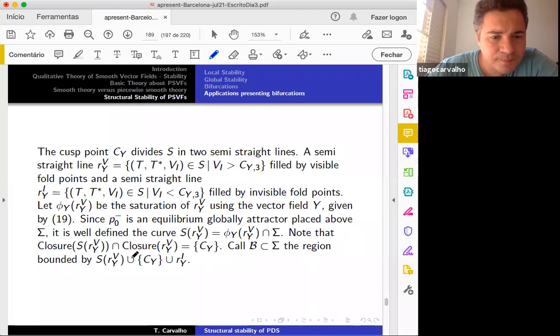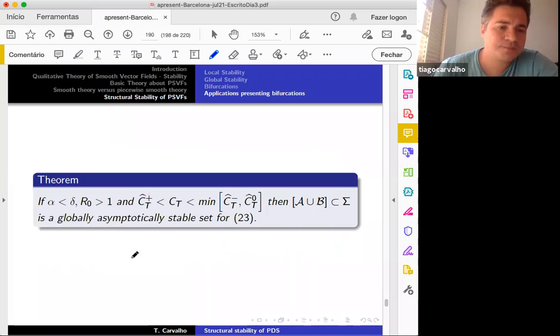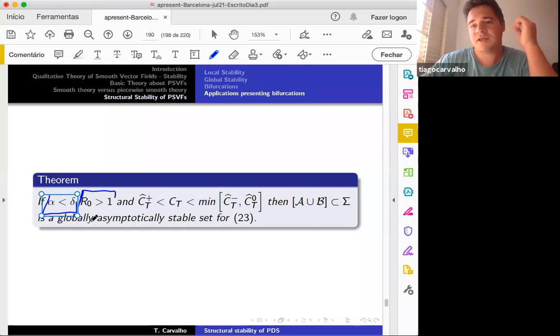Moreover, when alpha is smaller than delta, and of course, R0 is positive. Okay, again, if R0 is positive, no, is bigger than 1.